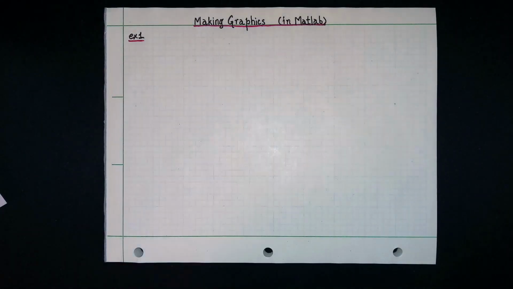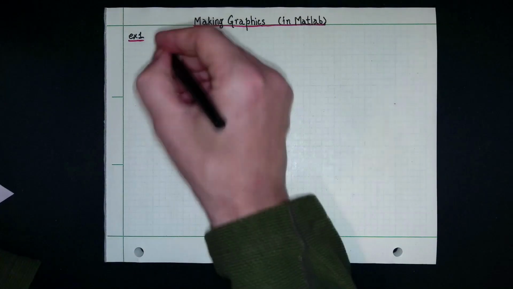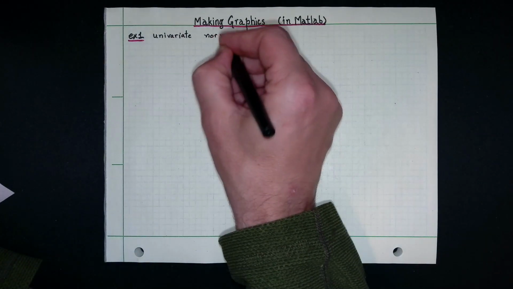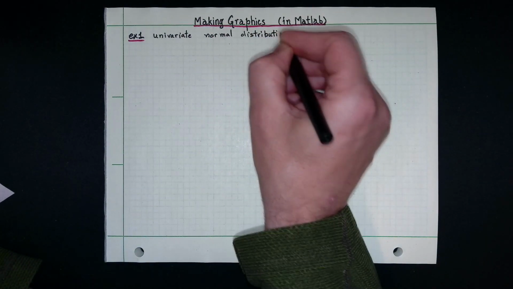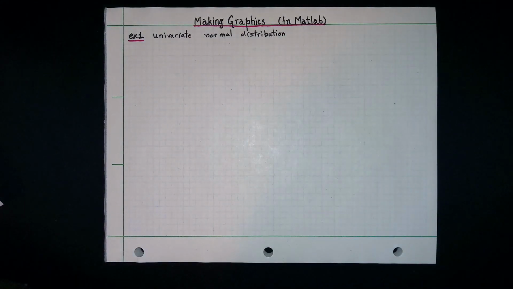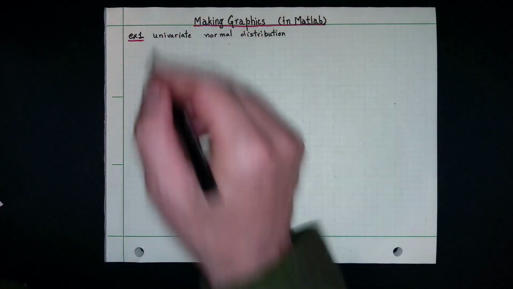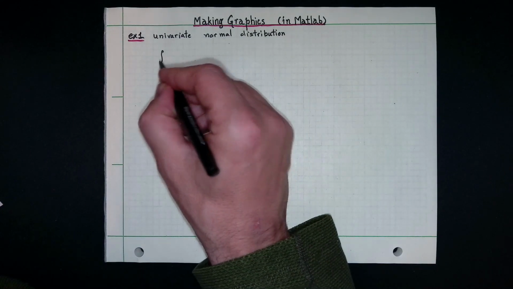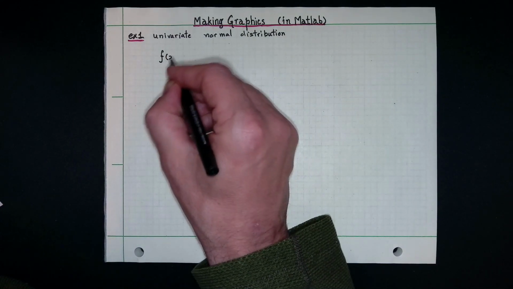And I'm going to define it algebraically right now. And we say univariate because the input will be a single variable, just x. And so it's a function of one variable, f of x.